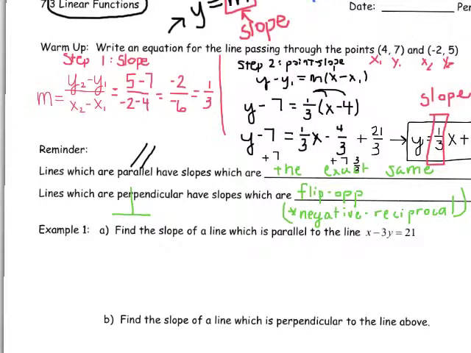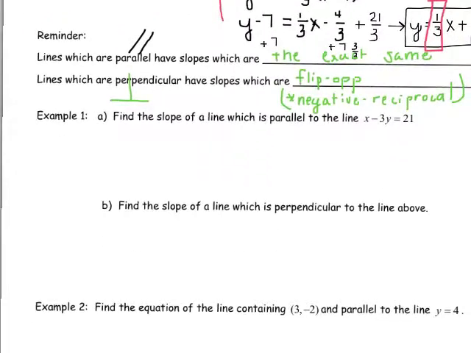They mean the same thing. Flip-op is just a very visual way to say flip the fraction and opposite sign. Negative just means if it was positive, make it negative. If it's negative, make it positive. And reciprocal is flipping the top to bottom. So same thing, just different words.